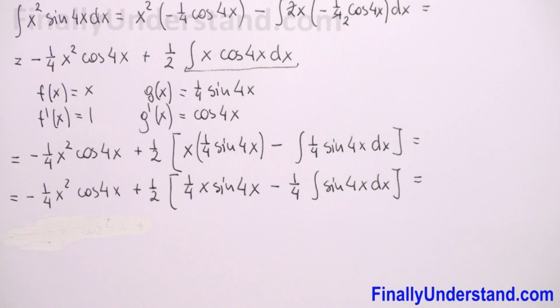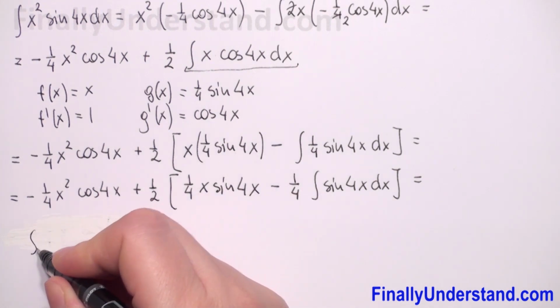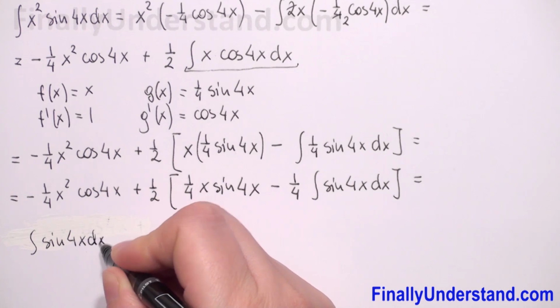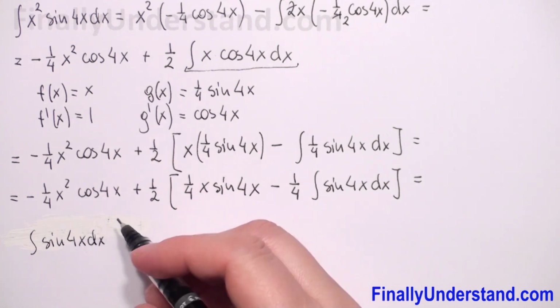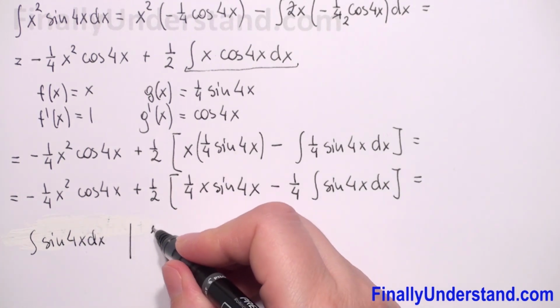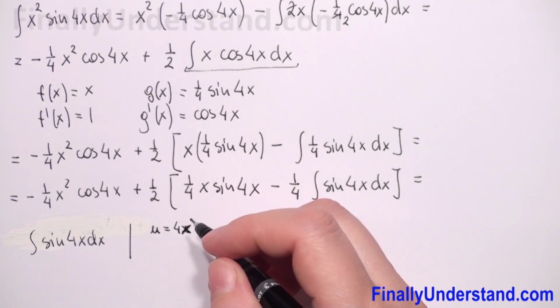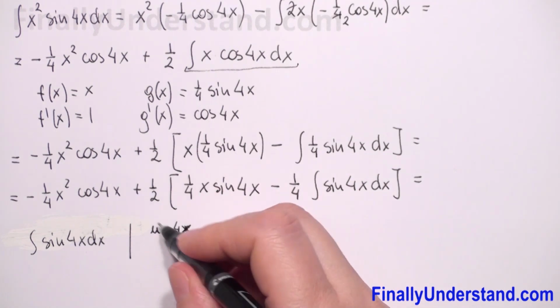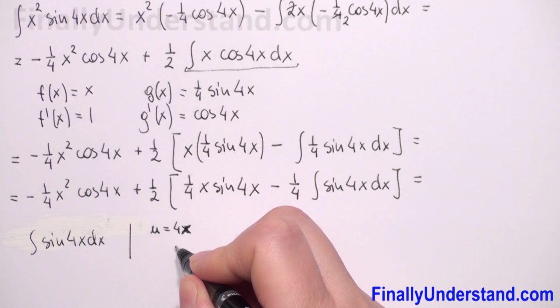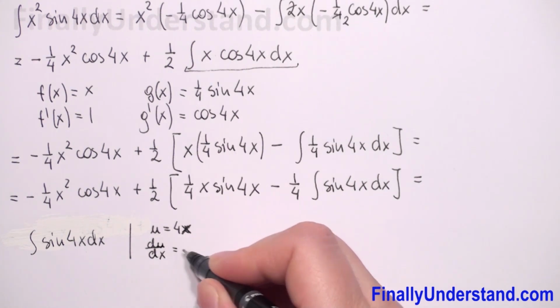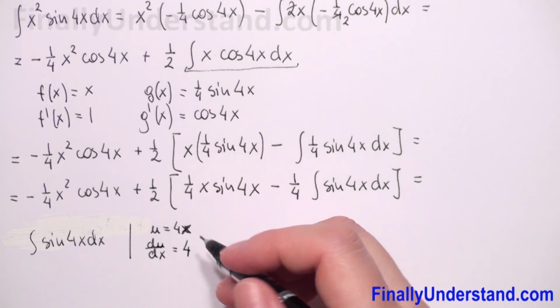Let me copy this. We have integral of sine of 4x dx. We will use substitution method. Let me put u is equal 4x. So we will have now to find derivative of both sides of our equation. Du to dx is equal 4.